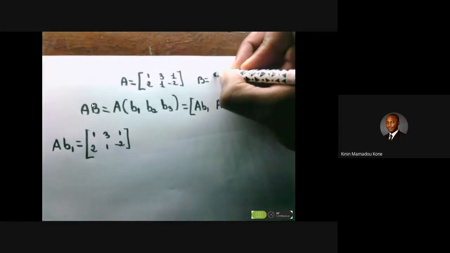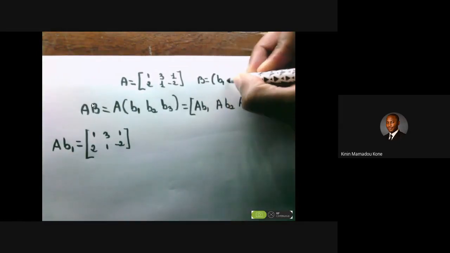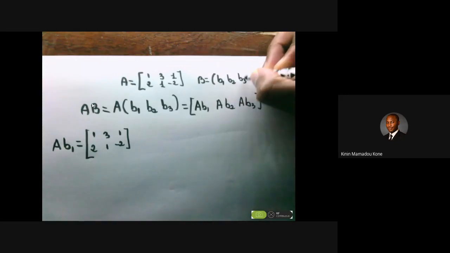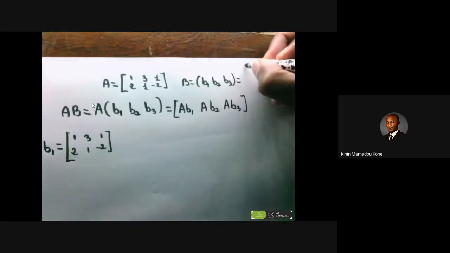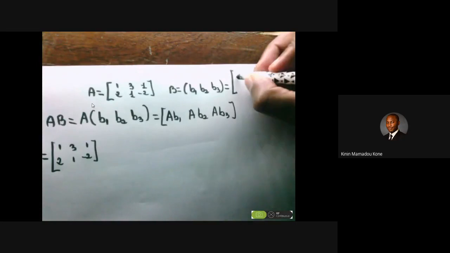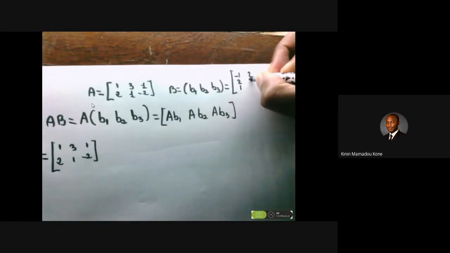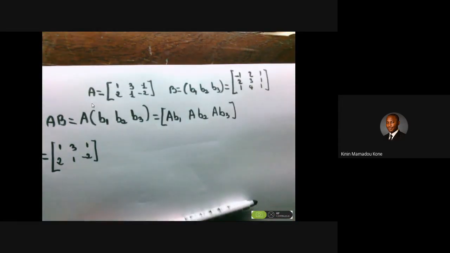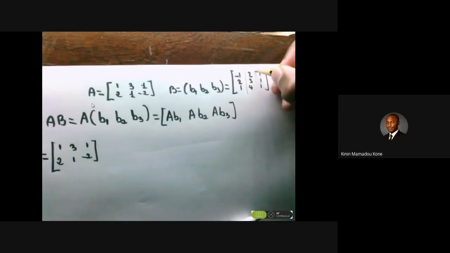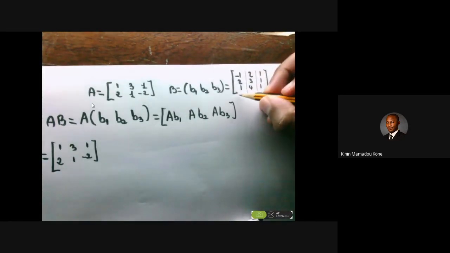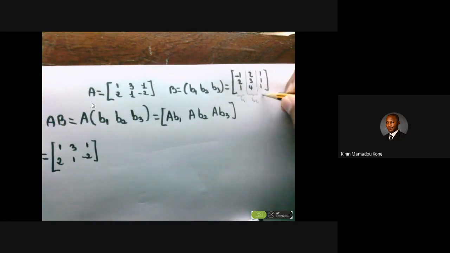B in terms of column vectors is actually negative 1, 2, 1, 2, 3, 4, 1, 1, 1. And I am creating blocks like this. So this is going to be my B1, this is going to be my B2, and this is going to be my B3. So B1 is going to be this block over here.